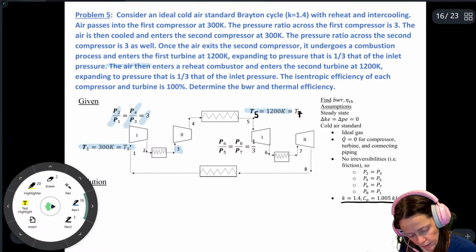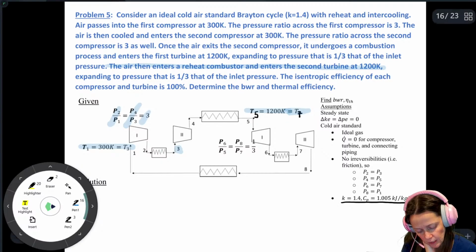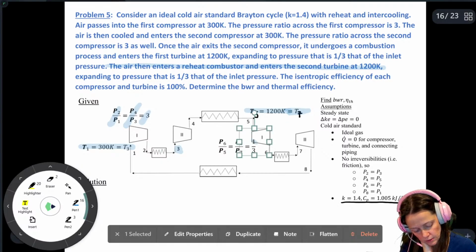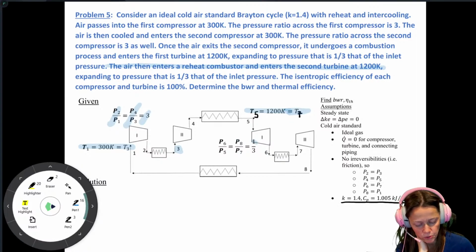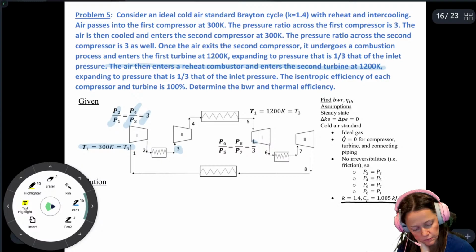The air then enters a reheat combustor and enters the second turbine at 1200 Kelvin. So the reheat combustor is between 6 and 7, and then, of course, T7 is 1200 Kelvin, expanding to a pressure that is 1/3 that of the inlet pressure. The isentropic efficiency of the compressor and turbine is 100%. Then we want to find the back work ratio and the thermal efficiency.